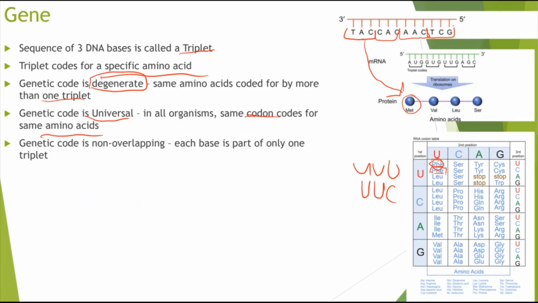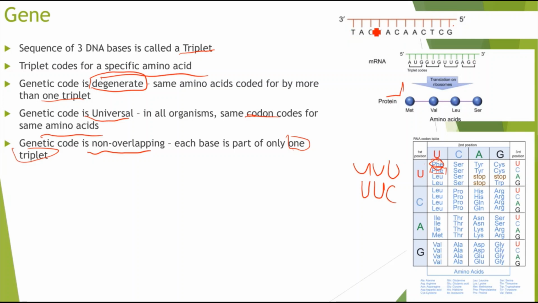The genetic code is also non-overlapping. What this means is that each base is part of only one triplet. For example, looking at our original gene, when we have that TAC, that would code for an amino acid, and that TAC would only code for that one amino acid.